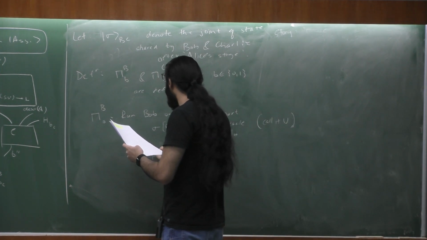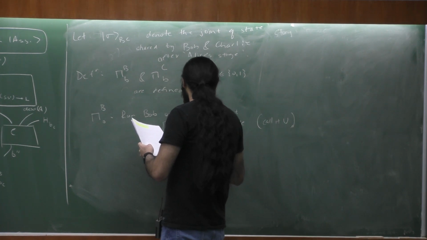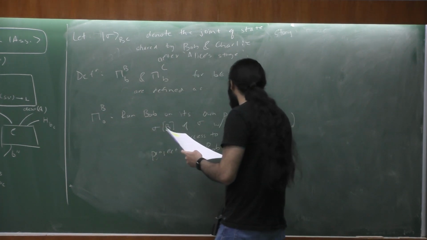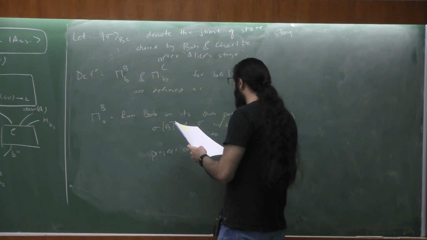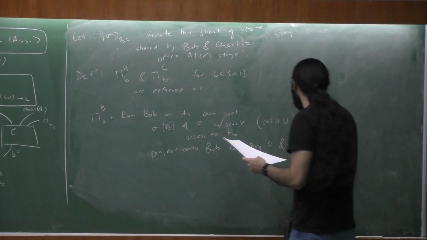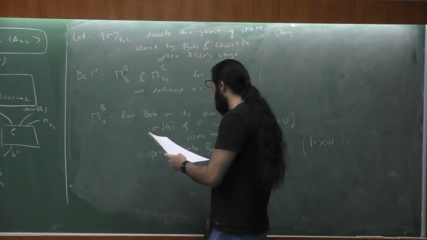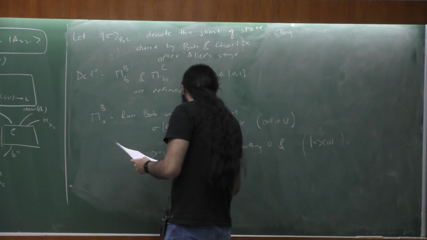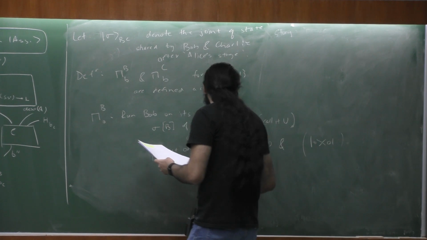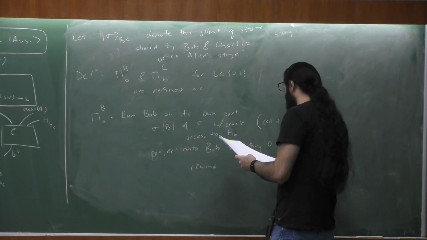Okay. Then we project onto Bob outputting 0. So we are projecting on this 0, and rewind, call it U dagger.